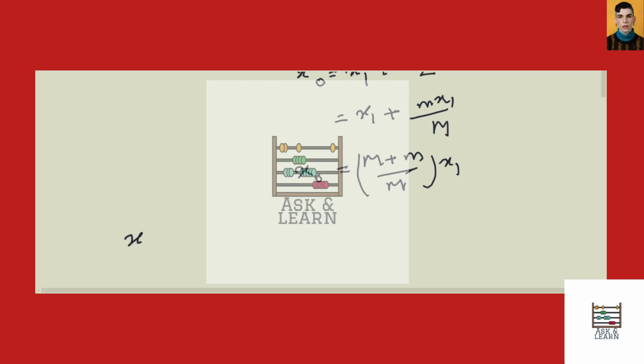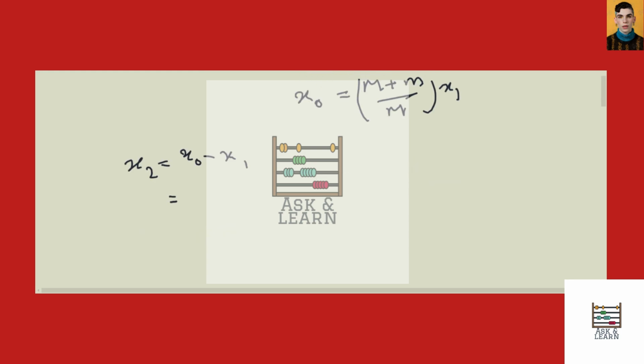Now similarly we have x2 equal to x naught minus x1. If you put in the value of x1 here, then you will get x2 equal to m x naught by (M plus m).